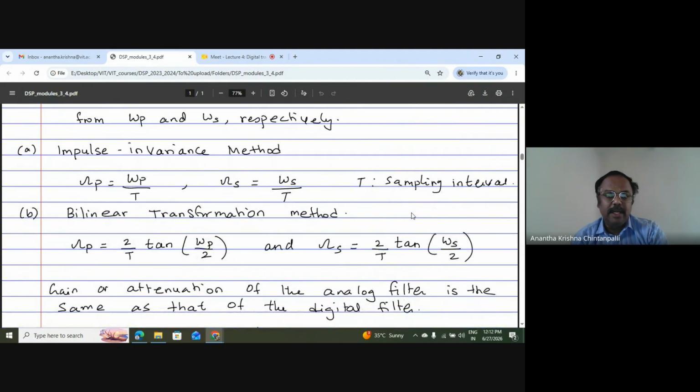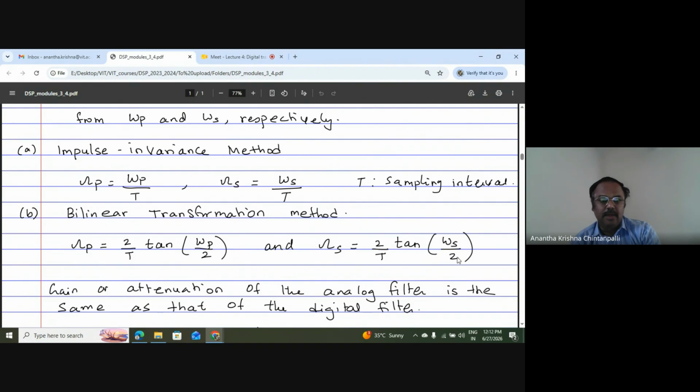The second one is the bilinear transformation. Continuous omega p is equal to 2 by T tan of discrete omega p by 2. And for continuous omega s, which is the stop band edge frequency, this is 2 by T tan of discrete omega s by 2.